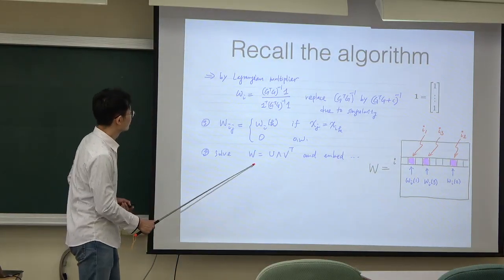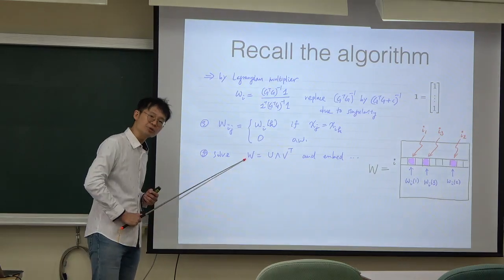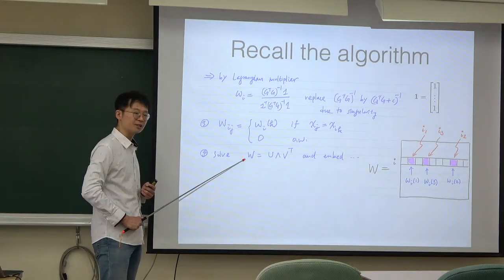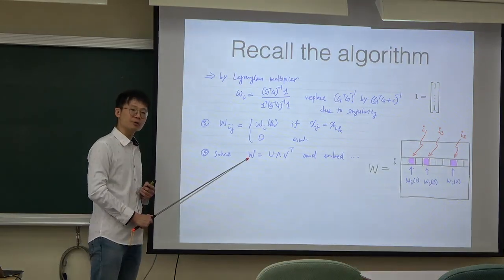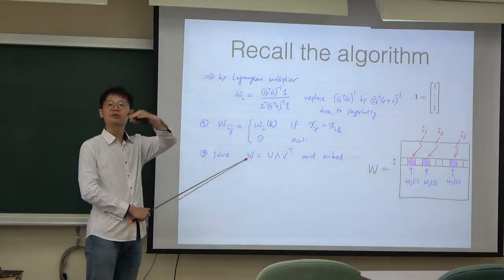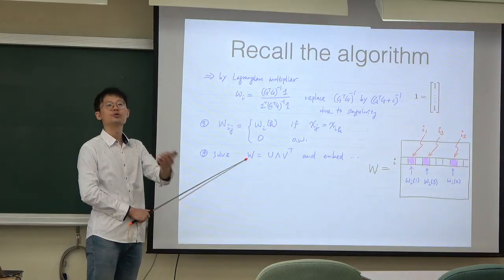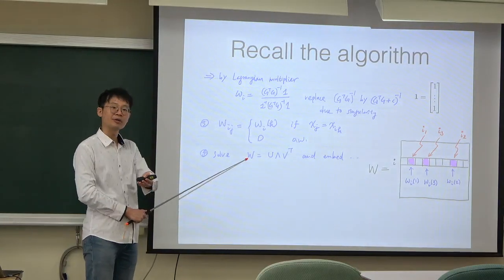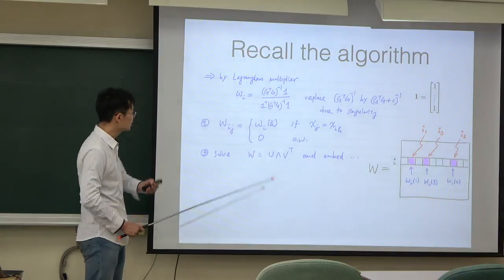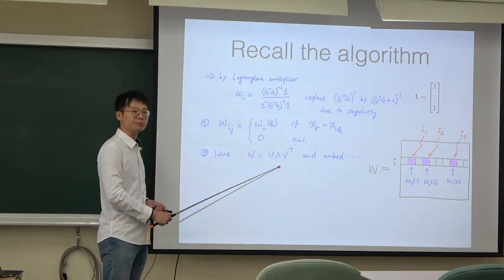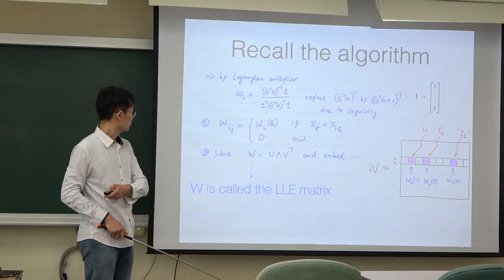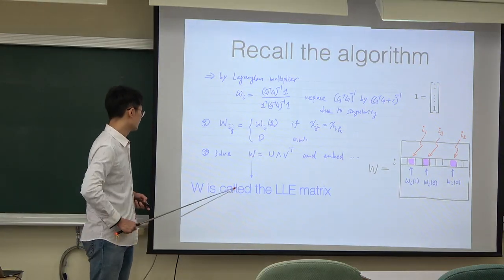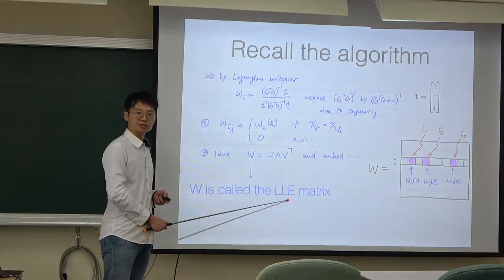And here, we consider singular value decomposition because, in practice, what we do is we have W transpose, we symmetrize it, and then evaluate the eigenvalue decomposition. That is usually what is implemented in local linear embedding, which is equivalent to evaluating the singular value decomposition of W. Okay, and we call W the LLE matrix.